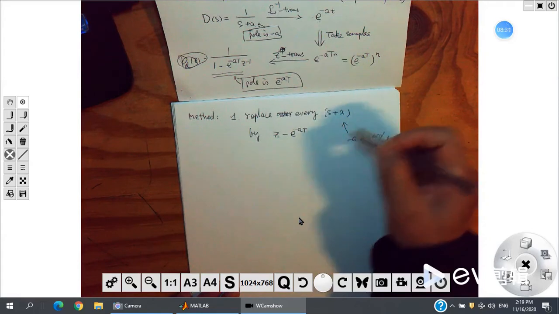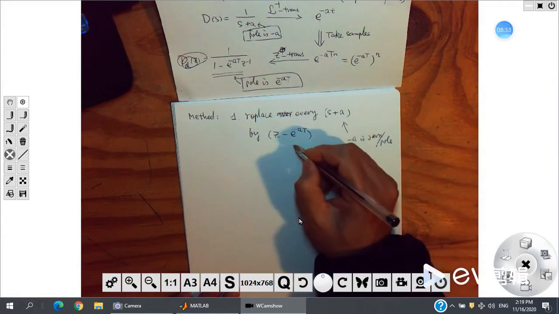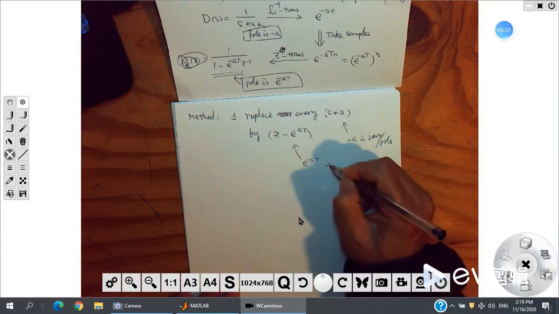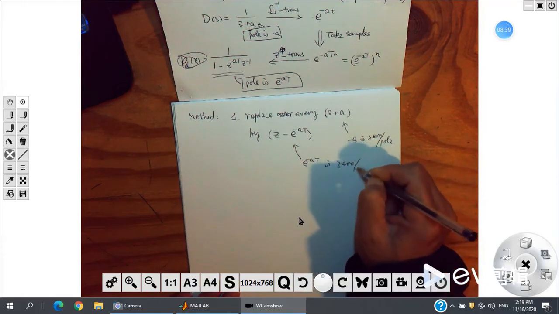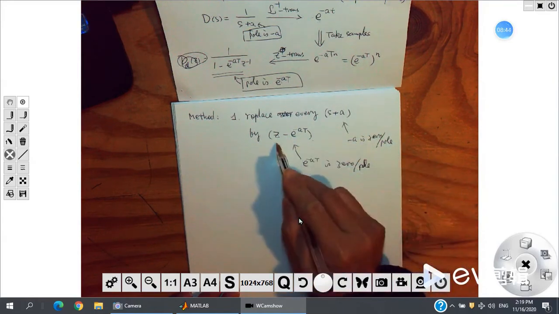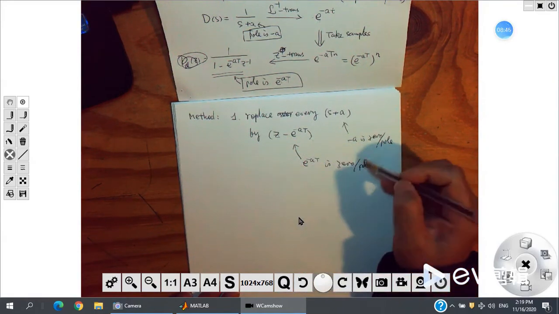Similarly, e to the negative a T is a zero or pole, depending on whether it is in the numerator or denominator. Numerator is zero, denominator is pole.